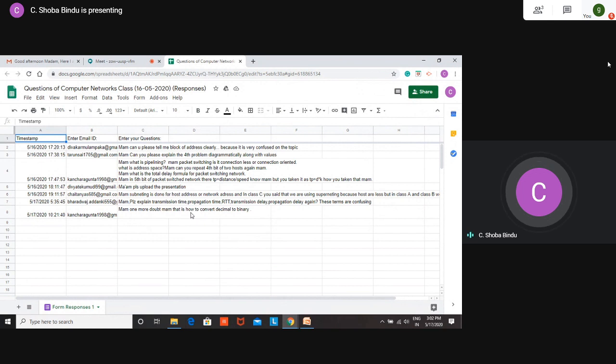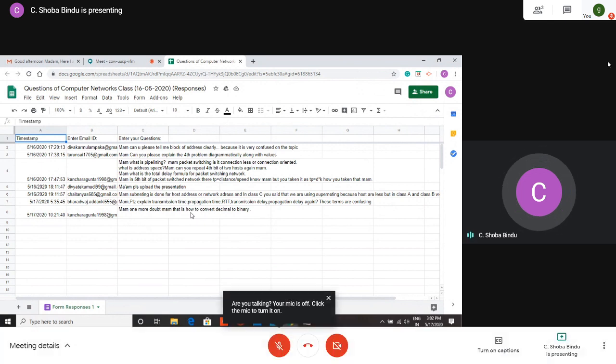As well, it depends on the bandwidth of that particular channel, the rate at which it accepts the bits. So transmission time is defined as the length of the packet divided by the bandwidth of the channel.